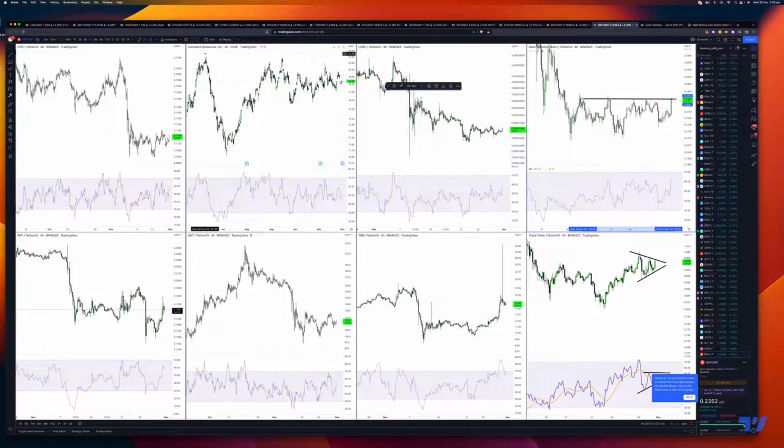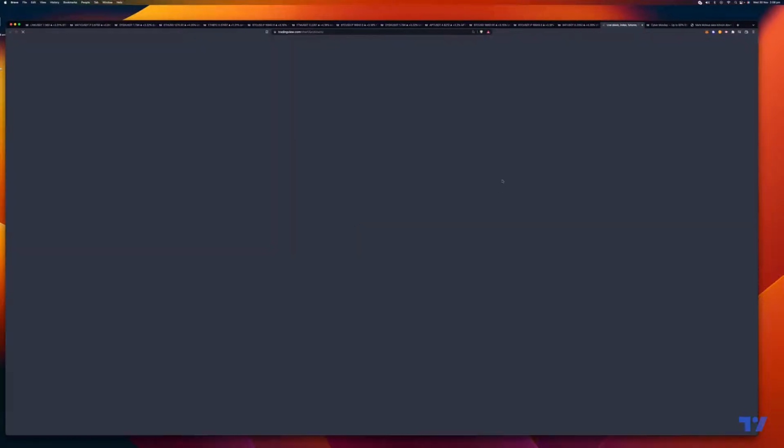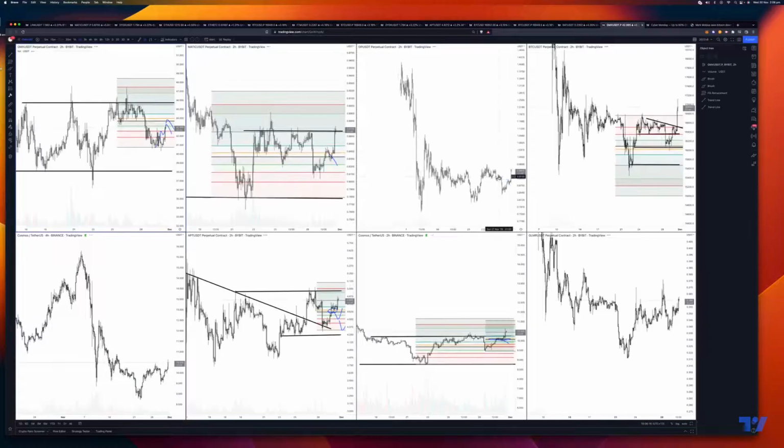Hopefully, actually, I'll have one more look. Where is it? Let's see, where are those charts? Let's see what we got here. This is what I was looking at yesterday.